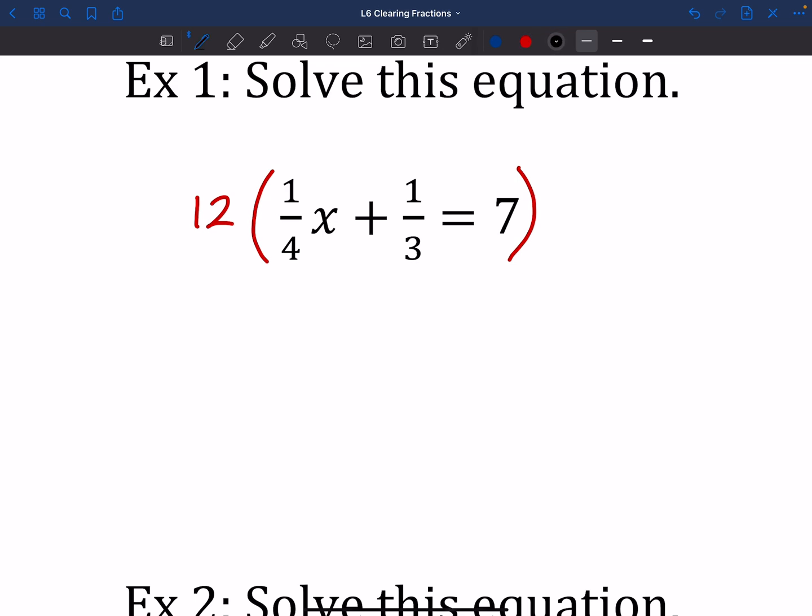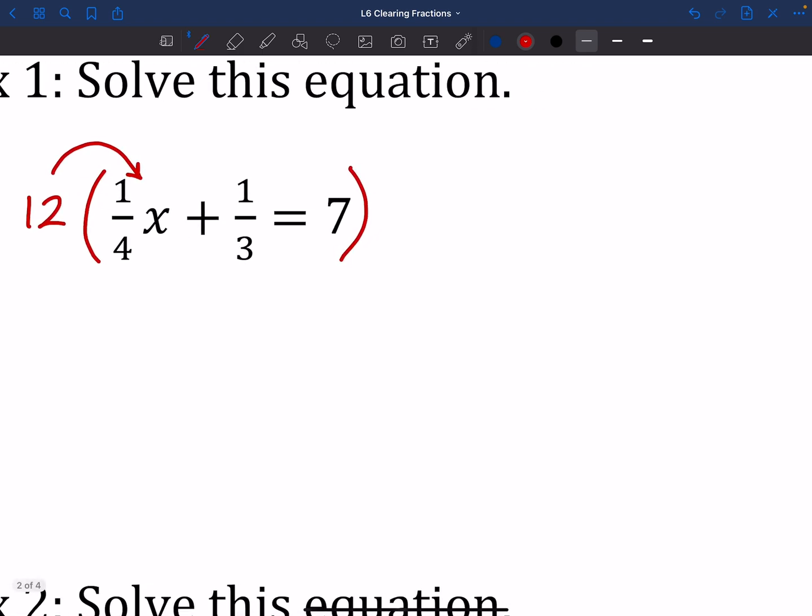So one of the ways that we can do this, 12 times 1/4, this very first bit of distribution we're going to need to do here, over to the side would look something like this. So 12 times 1/4. I don't know if you guys remember from the last time that you've multiplied fractions in the past. If you have just a regular 12, you can put it over 1. 12 over 1 is the same exact thing as 12. Now that lets us line this up a little better.